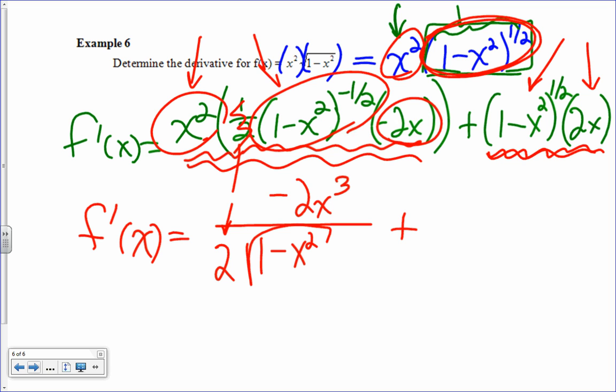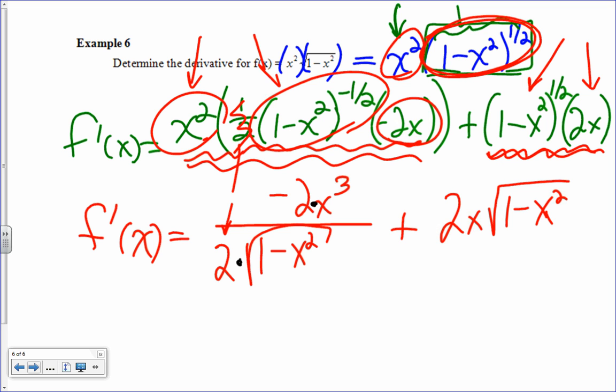So plus. Is there a fraction over here? Not really. Just 2x times the square root of 1 minus x squared. And I'm going to let that absorb for a second, because this is really 2 times all of that, right?